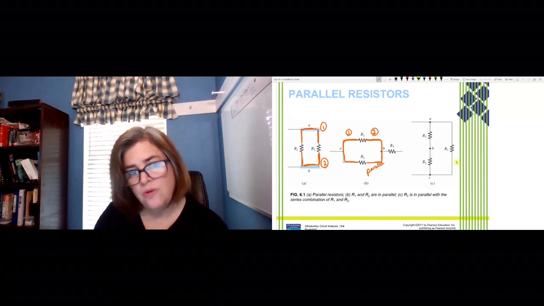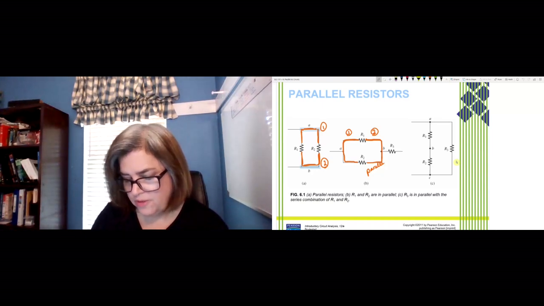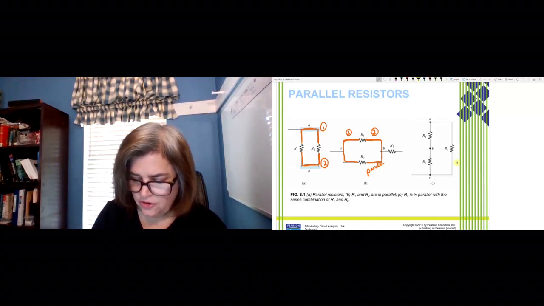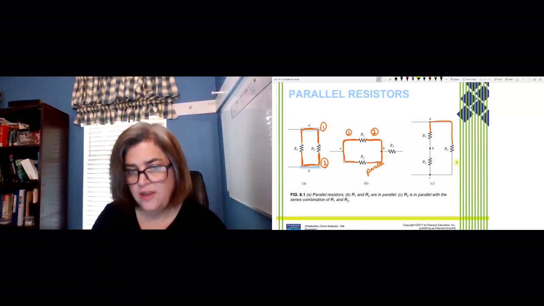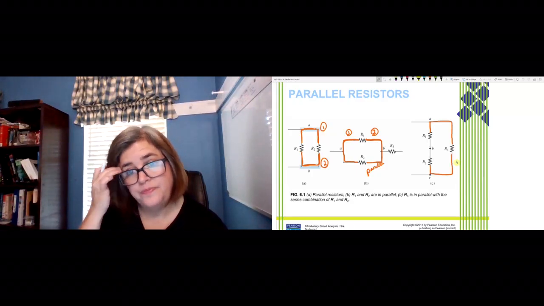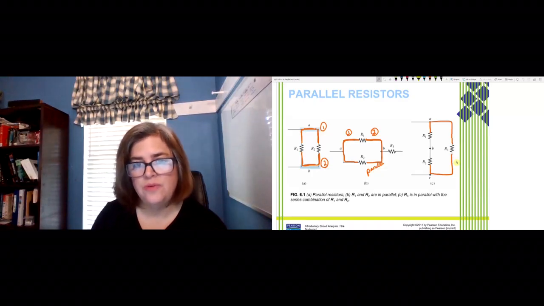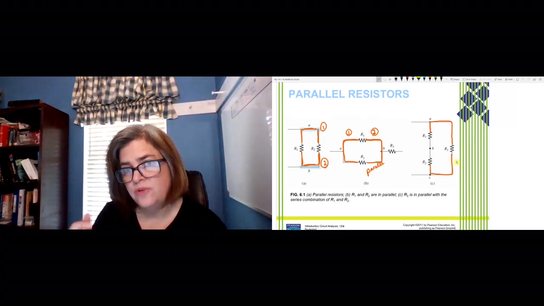If we combined R1 and R2, that would be in series with R3, but we'll get to that probably next week. Okay. So in part C, notice here, R1 is connected to R3, R2 is connected to R3 here, but R1 isn't connected to R3 on both sides, and R2 isn't connected to R3 on both sides, only on one side each.